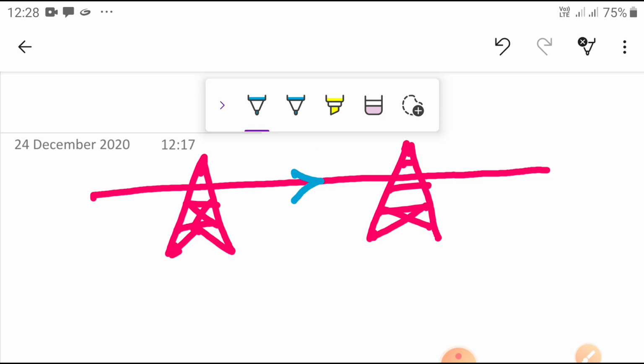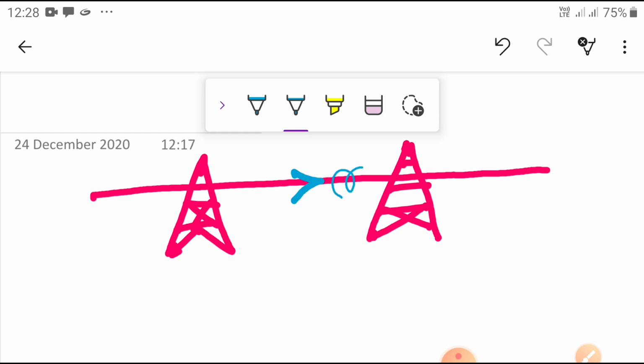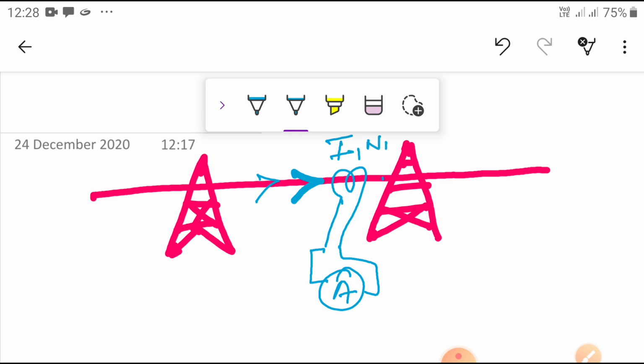Already we have seen the construction of the CT. The CT has a secondary connected to our ammeter here, and this transmission line acts as the primary, carrying current I1, with a single turn, N1. The secondary has N2 turns, and the current flowing in it is I2.